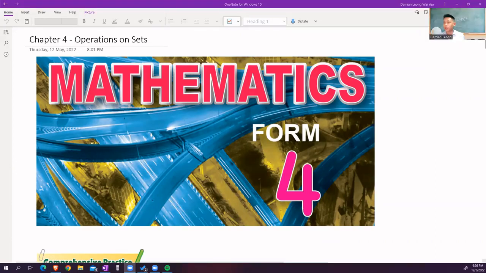Previously in your lower forms, you have already gone through the introduction to sets, so you should know the basics of the set notations, like what the universal set symbol is, what an empty set or null set is, things like that. In this chapter we'll be going more in depth into sets.